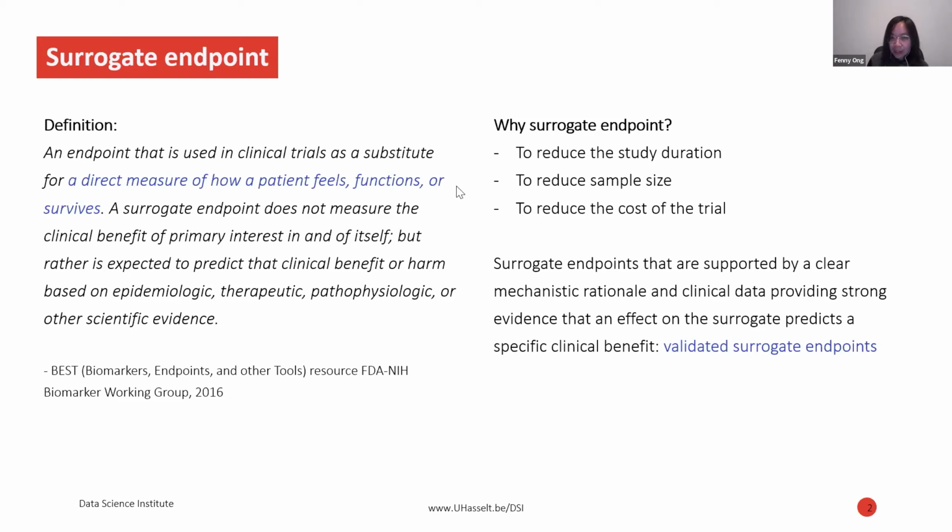For more than 3 decades, there has been substantial exploration in statistics concerning the methodology and measures to evaluate surrogate endpoints. But in today's presentation, I will focus on the information theory approach to validate surrogates. This approach was first introduced by Alonso and Molenberghs in 2007.